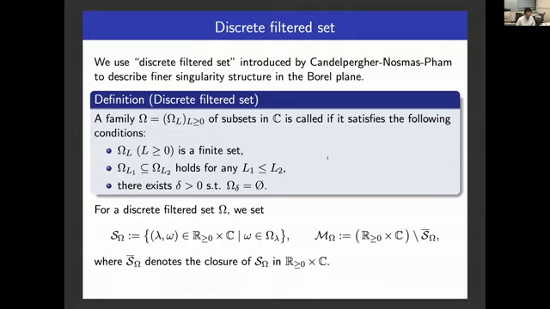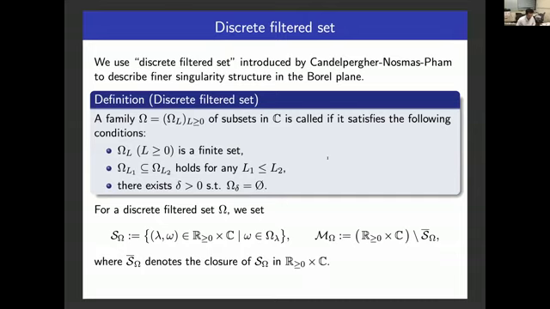When we discuss, for example, the location of a singular point, we have to describe or specify the singular point the function may have. For that purpose, we introduce a discrete filtered set. We use the discrete filtered set introduced by the book to describe the singularity structure in the Borel plane.